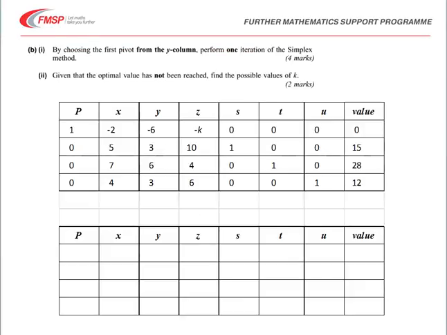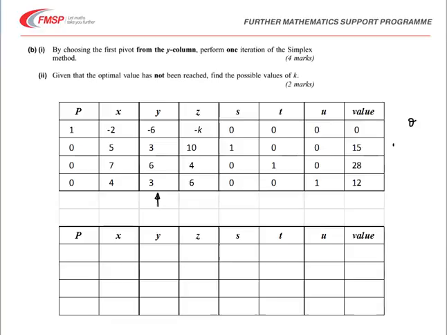The next part of the question asks us to do one iteration of the simplex method, starting with column y as our pivot. The reason for column y is we've got the -6 in there, so it's perhaps the most negative value. So we have to work out what are called the theta values by taking the value in each row divided by the number in that column.